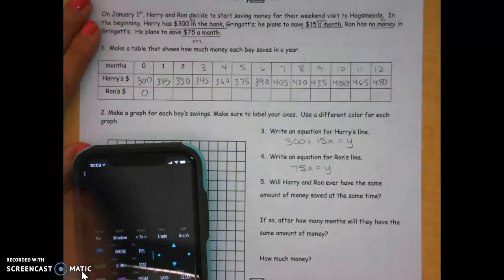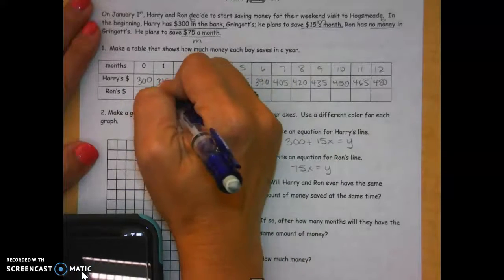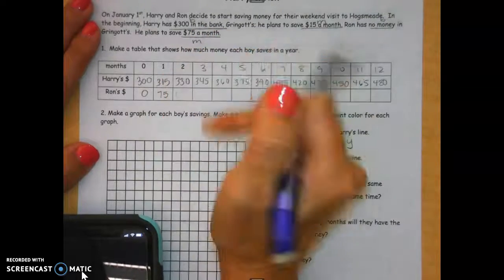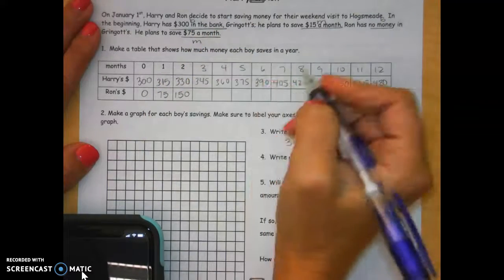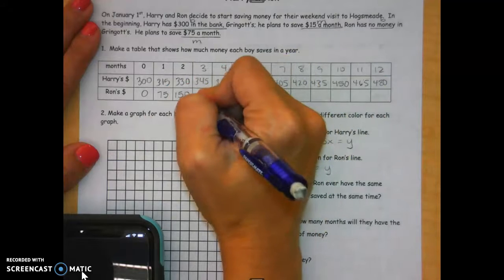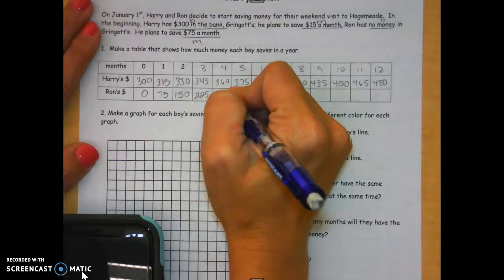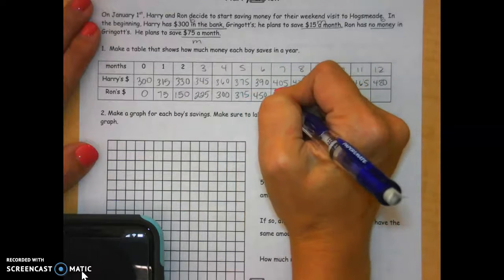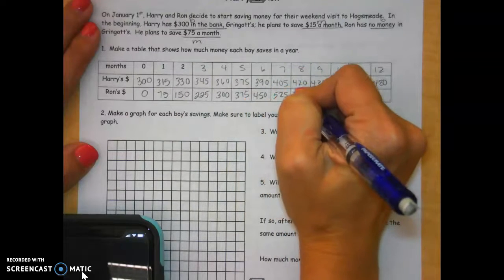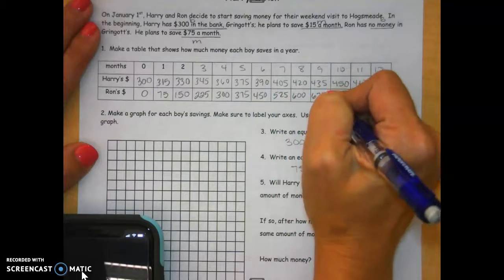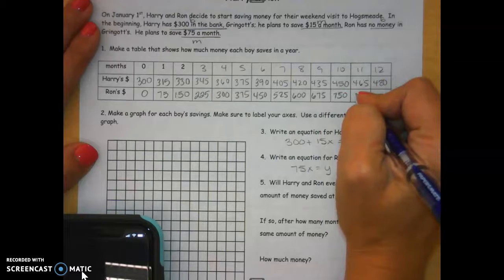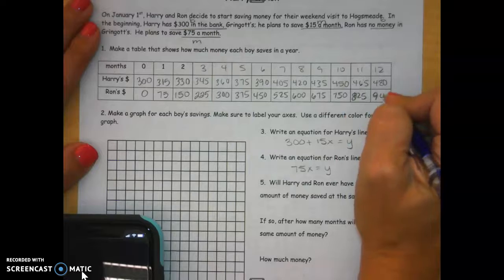Whereas Ron, he had none to start with, so then 75, we can do 75 times 2 is 150. And again, if you wanted, you can use your calculator. 150, what is that? 225, 300, 375, 450, 525, 600, 675, 750, 825, and then 900.